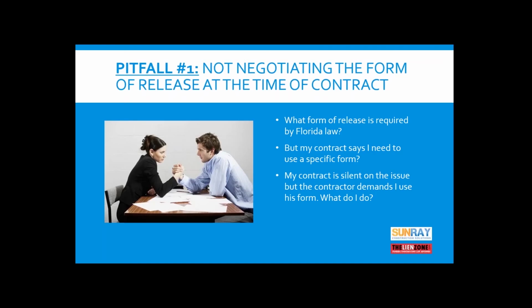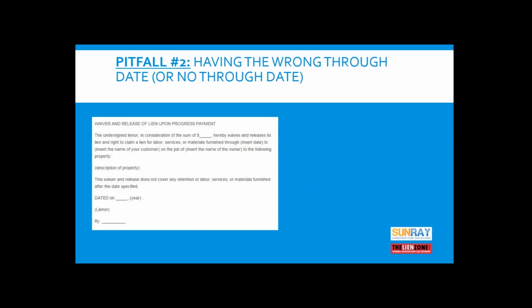It's not that that contractor has the right to demand a release other than the statutory form. It's just that you have to make the decision of whether you're going to keep waiting in order to get paid or you're going to sign the release or try to work out some compromise. The best way to avoid this in the future is to have an understanding at the beginning of what the release forms are going to look like.